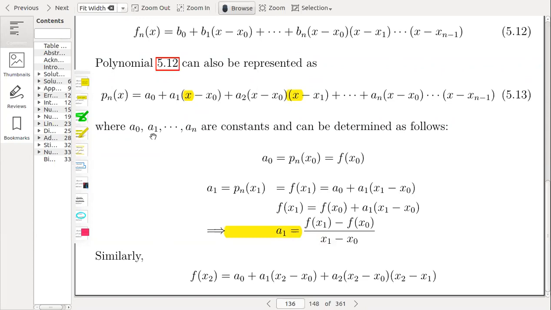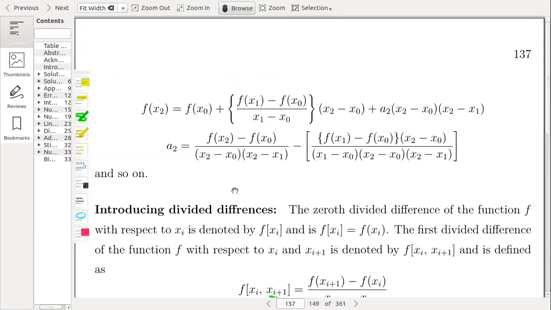Similarly, if we replace x with x2, we are left with the terms up to x2, which will be a0 plus a1 into x2 minus x0, plus a2 into x2 minus x0 and x2 minus x1. So f of x2 is equal to a0 plus a1 into x2 minus x0 plus a2 into x2 minus x0 into x2 minus x1.